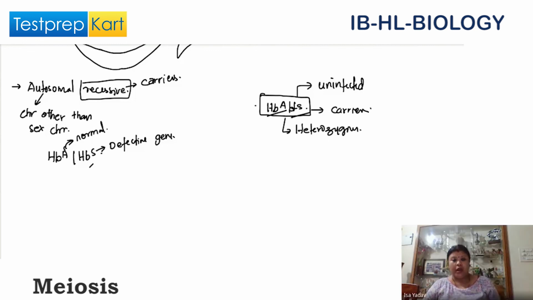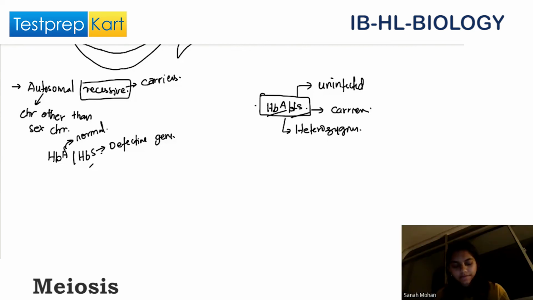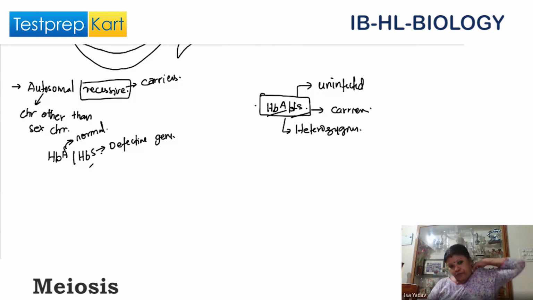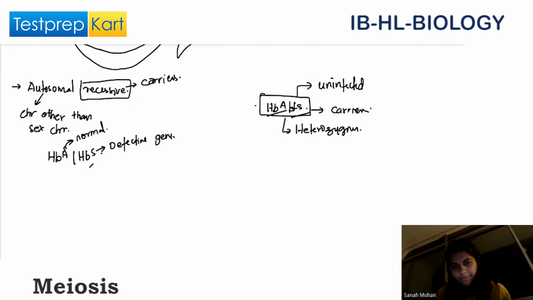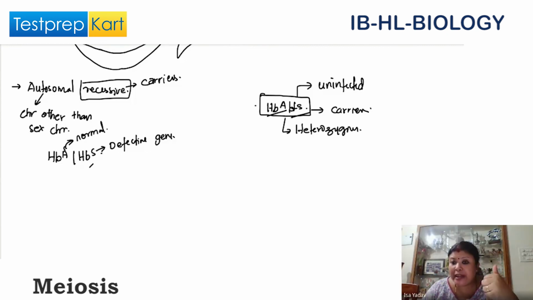No. Autosomal, what is an autosome? A chromosome other than the sex chromosome. So in the autosome we have one recessive gene and one normal gene. HBA is normal. HBS is affected.